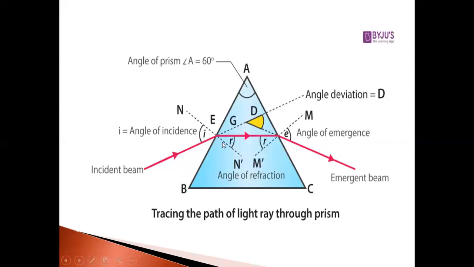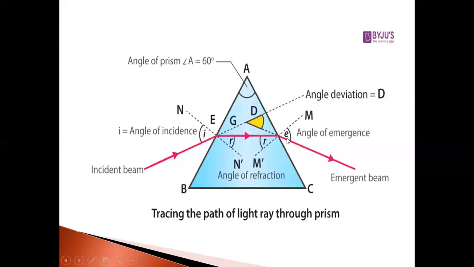When this normal passes through this point of incidence, the angle between this refracted ray and normal is called angle of refraction. Refraction because this line is bending inside the prism.